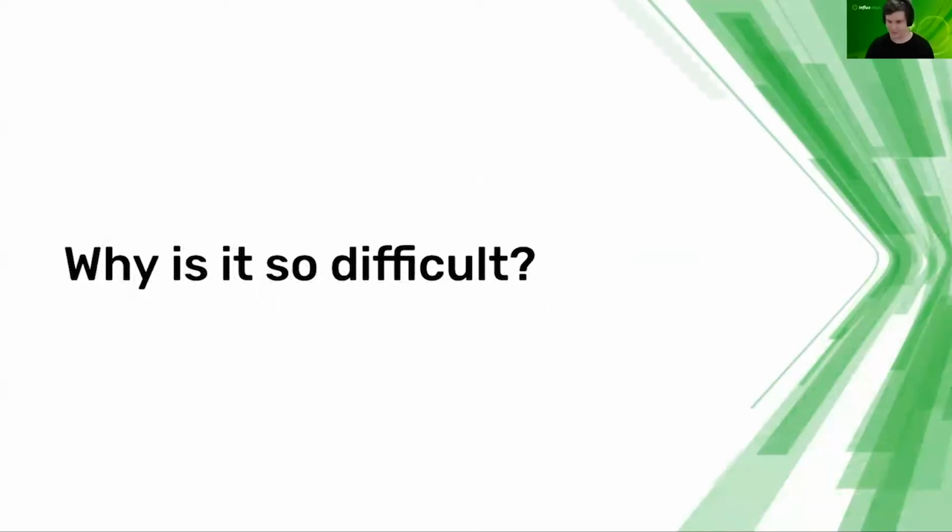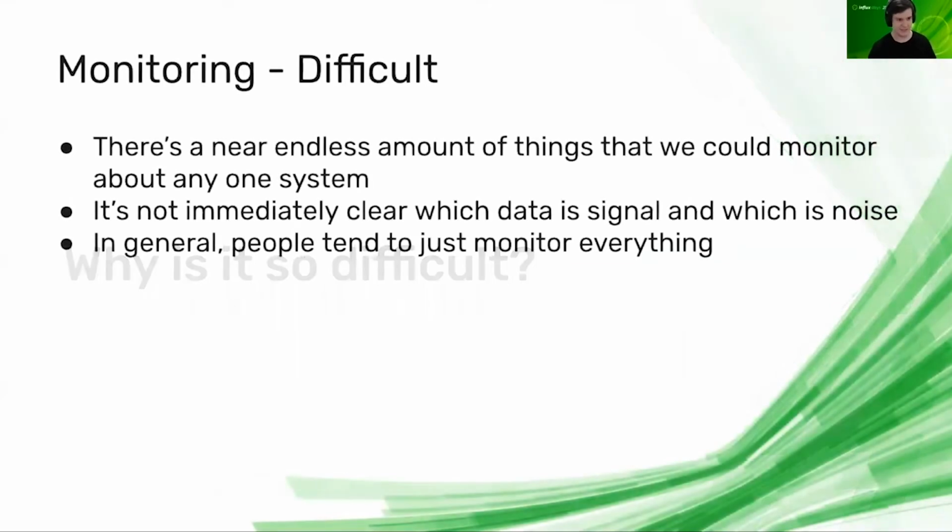So why is this so difficult? It turns out that there's a near endless amount of things that we could monitor about any one system, but it's not immediately clear which of this data would be signal and which would be noise. And so in general, people just throw the whole kitchen sink into their system and then end up frustrated when there's a lot of data there and they're not exactly sure what value it provides to them.